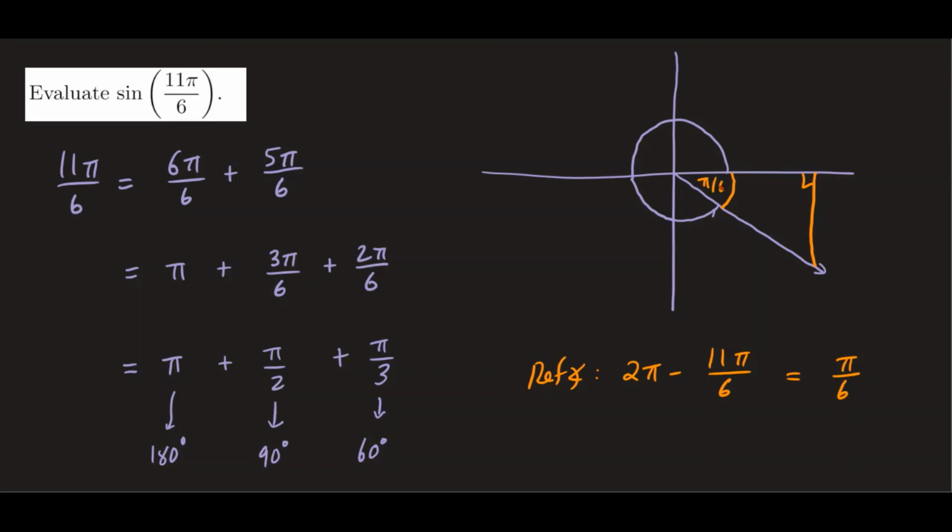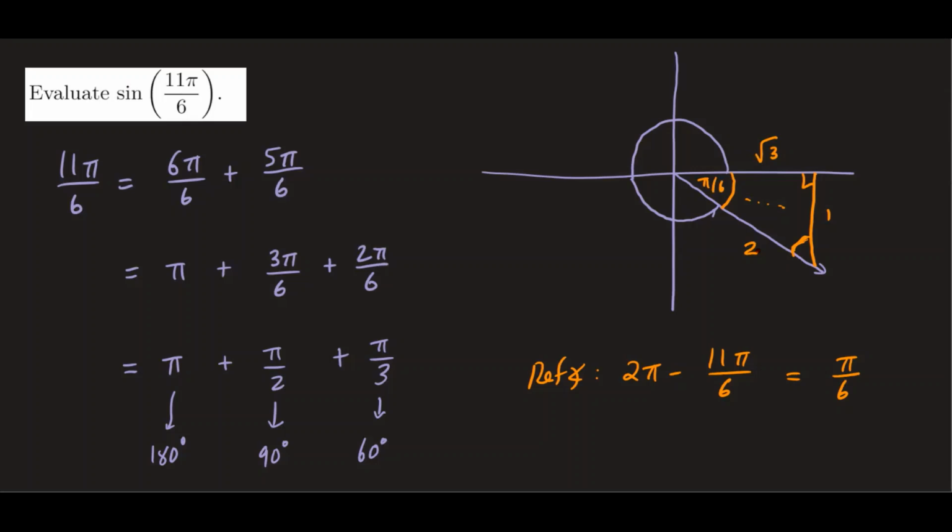Pi over 6 is 30, so we're going to construct the triangle. Across from 30 is 1, and then that means this angle is 60. So across from 60 is radical 3, and then this length happens to be 2.